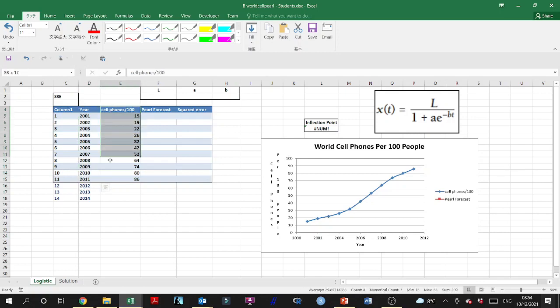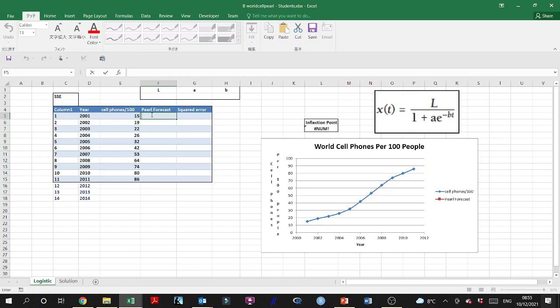And over here you have the number of cell phones per 100. So it's a percentage. This is why I told you, lovelies, even in logistic regression, the numbers range from 0 to 1. It's like a probability, like a percentage. A percentage is like a probability, isn't it?